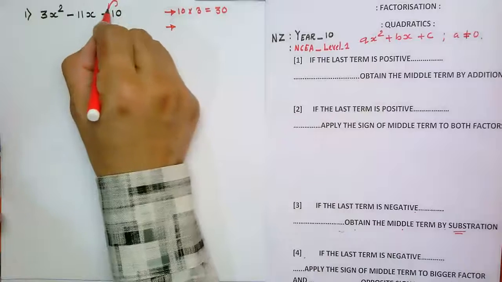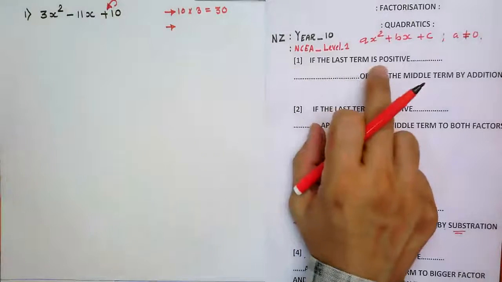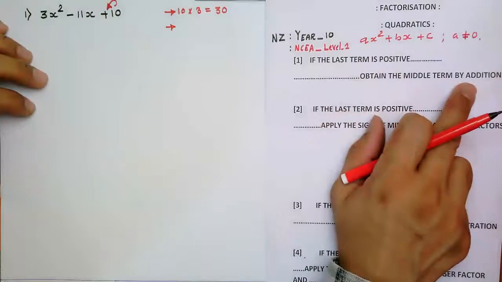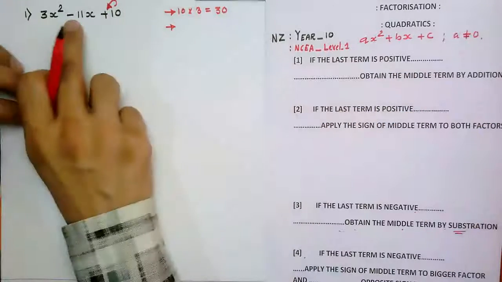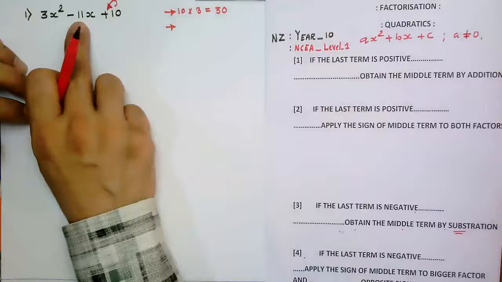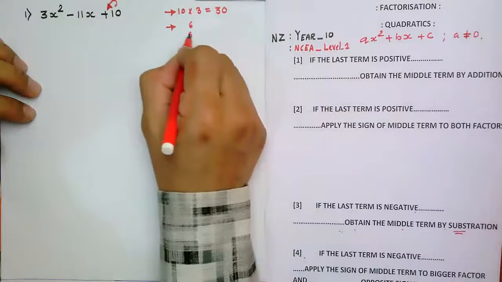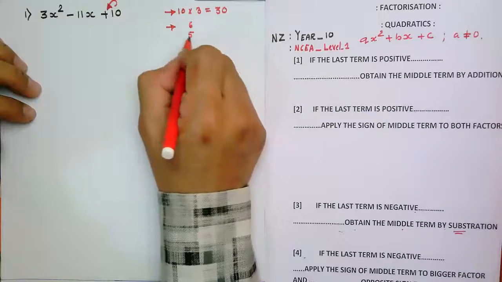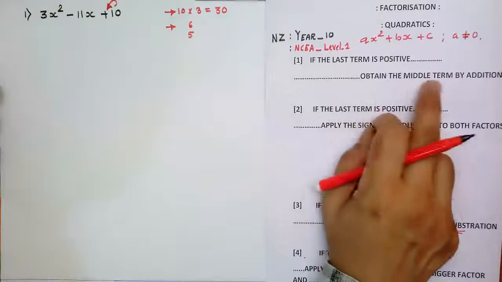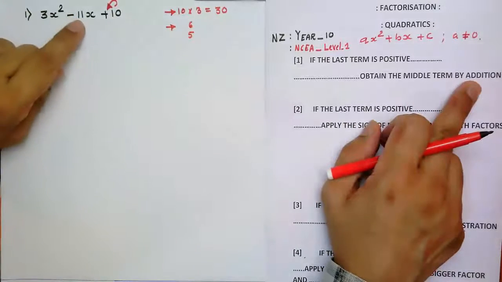See, this last term is positive. If the last term is positive, obtain the middle term by addition. That means I have to obtain this 11 by addition. That's damn easy. 6 fives are 30. 6 plus 5 is 11. See this rule, obtain the middle term by addition. Addition of these two is 11.